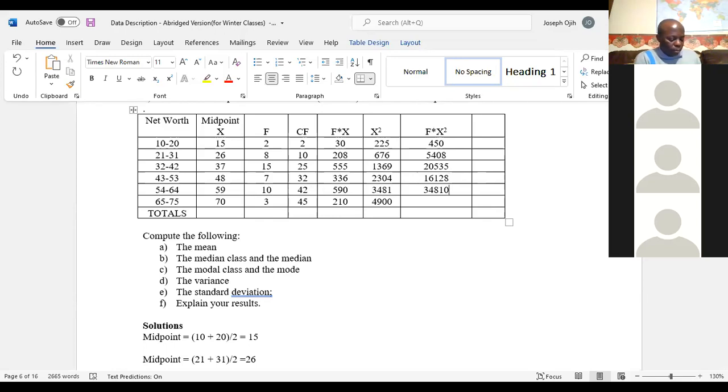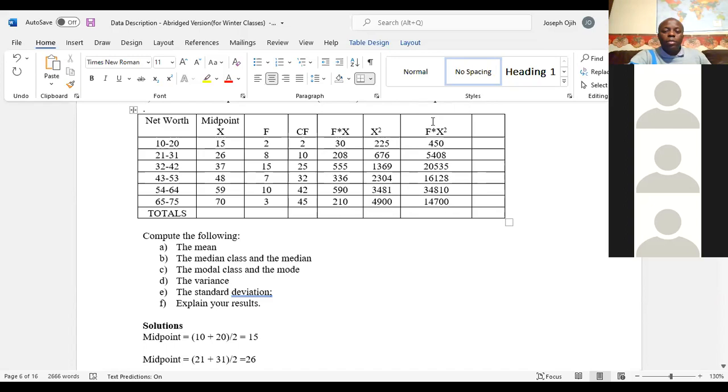Just give me 1 minute. 3481. Okay. 34810. The next one is 4900 times 3. That gives us 14700. Now we have our table complete.